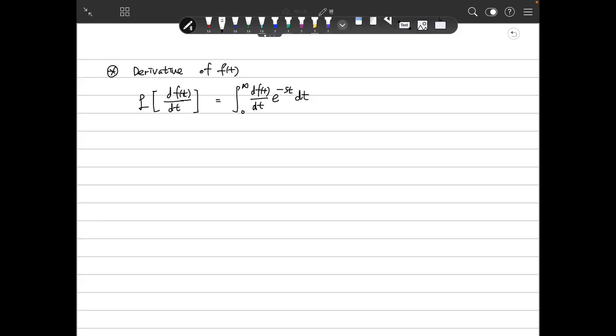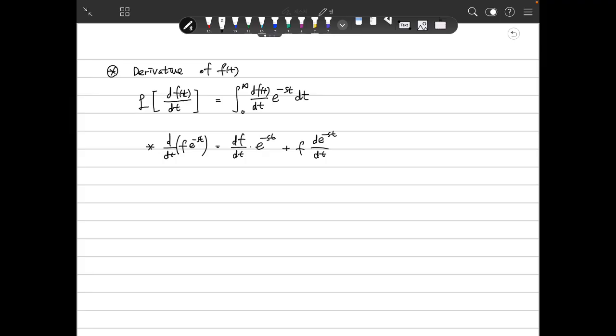To do that, we can use the product rule: d/dt of f times exponential minus st equals d/dt f times exponential minus st plus f times d/dt exponential minus st. Then what should we do?